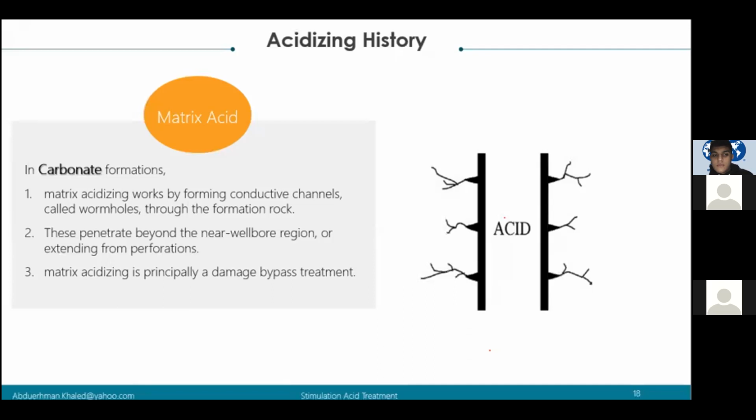The thing that you should pay attention to is that in carbonate, there are different factors: the reaction rate, the injection rate, and the diffusion rate. You get the best wormholes with a high reaction rate and a low diffusion rate, so the reaction is not spread in your reservoir very fast.